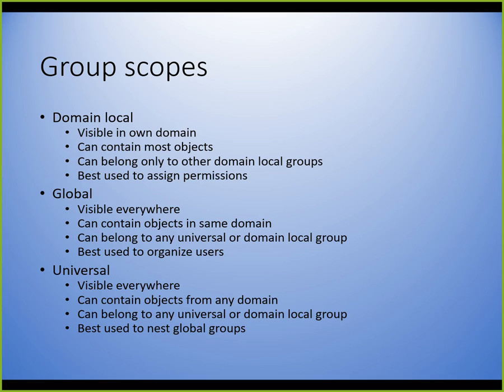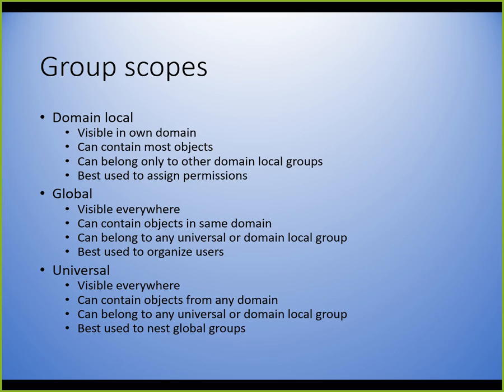The universal group can be kind of a catch-all here. Visible everywhere, can contain objects from any domain, can belong to any universal or local group, and it's best used to nest global groups. It's kind of a specialized group that allows users from anywhere to be put into it.